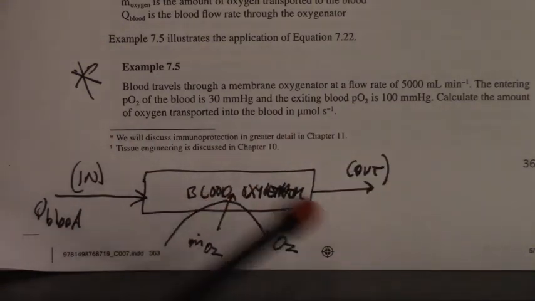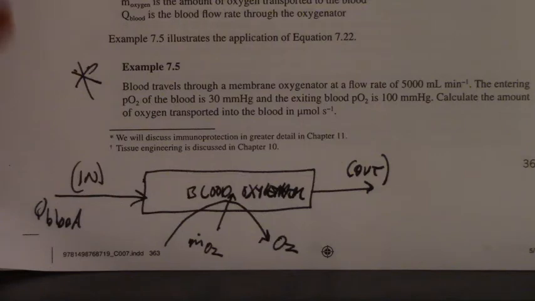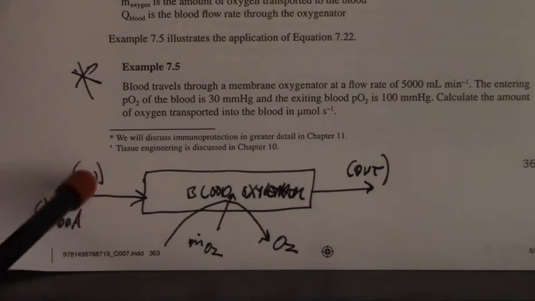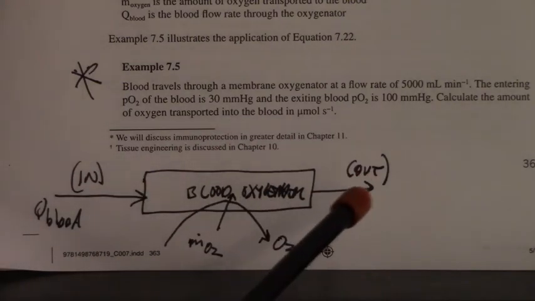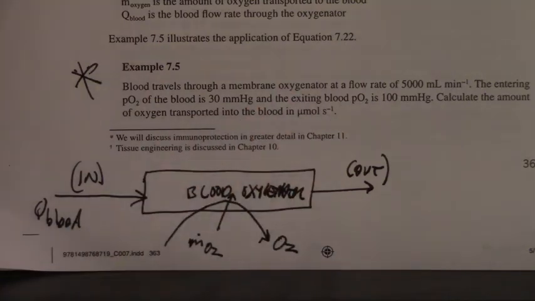If this is a blood oxygenator being used to keep a patient alive during, say, open heart surgery, the incoming venous blood PO2 might be 40 millimeters of mercury, and the goal is to raise it up to 95 millimeters of mercury. So this device has to replace the pumping function of the heart as well as the oxygenating capability of the lungs.